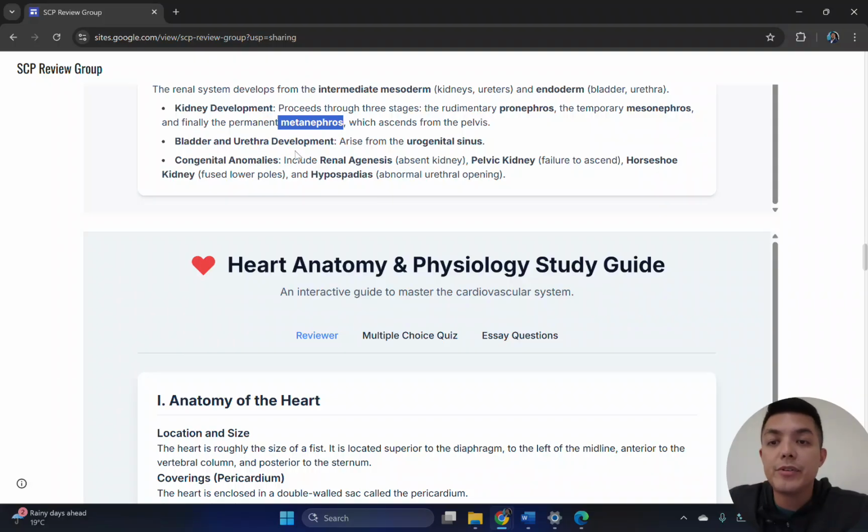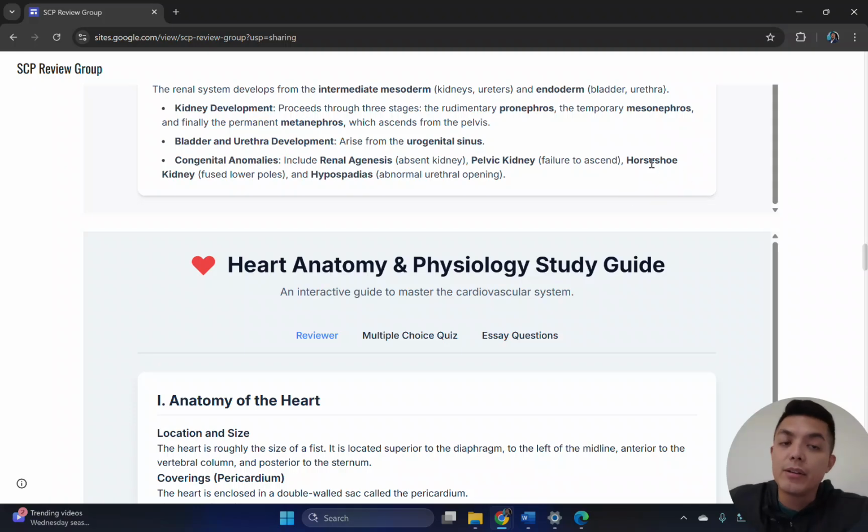The bladder and urethra arise from the urogenital sinus. The congenital anomalies include renal agenesis, which is an absent kidney. Next is the pelvic kidney, which has failure to ascend, so it stays in the pelvis.